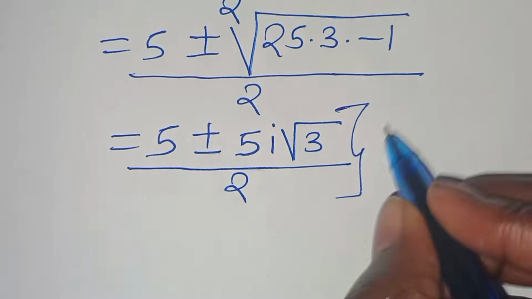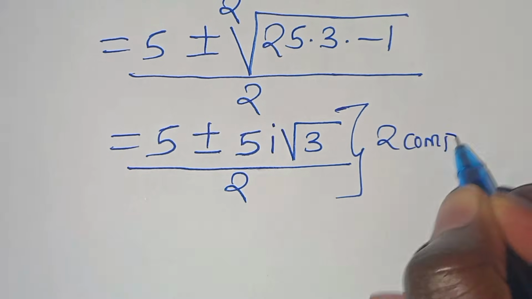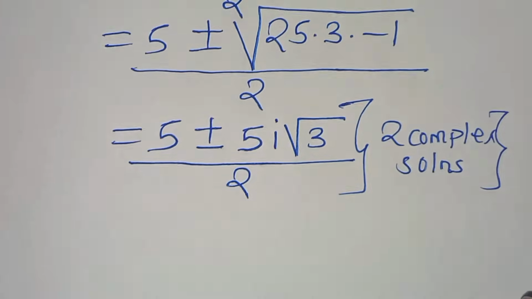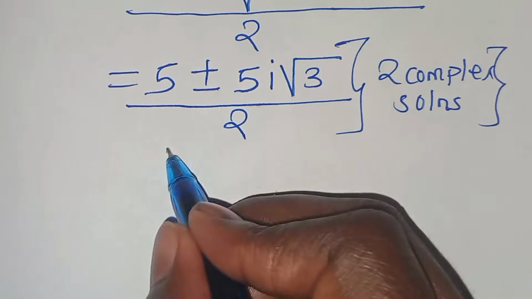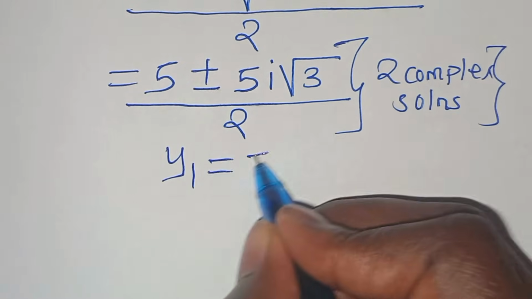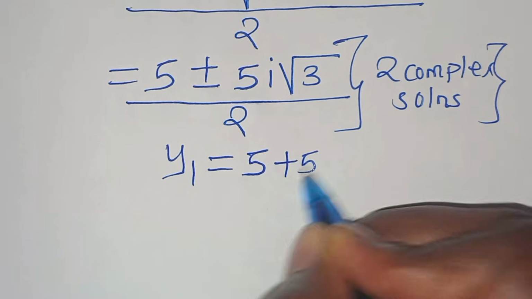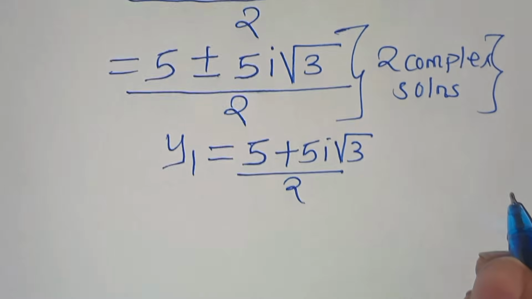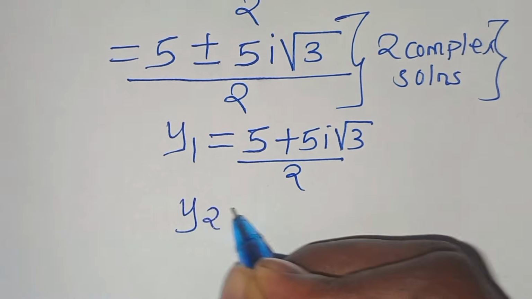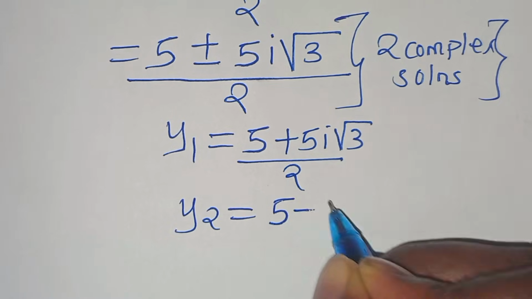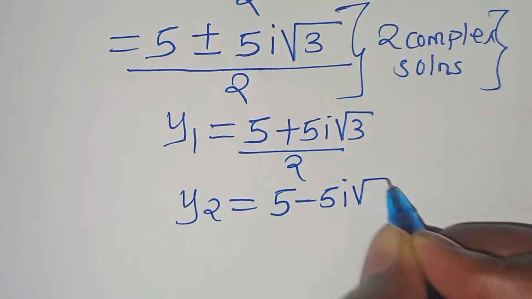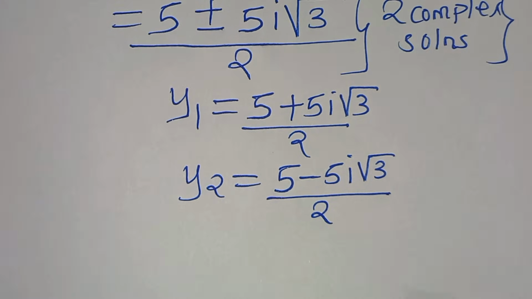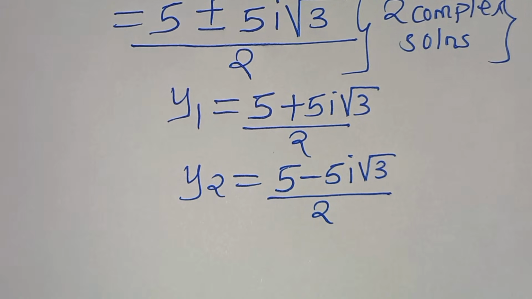So actually, these are two complex solutions such that we have y1 is equal to 5 plus 5i square root of 3 divided by 2. And we have y2, this is equal to 5 minus 5i square root of 3, everything here divided by 2. So this is y1 and y2.